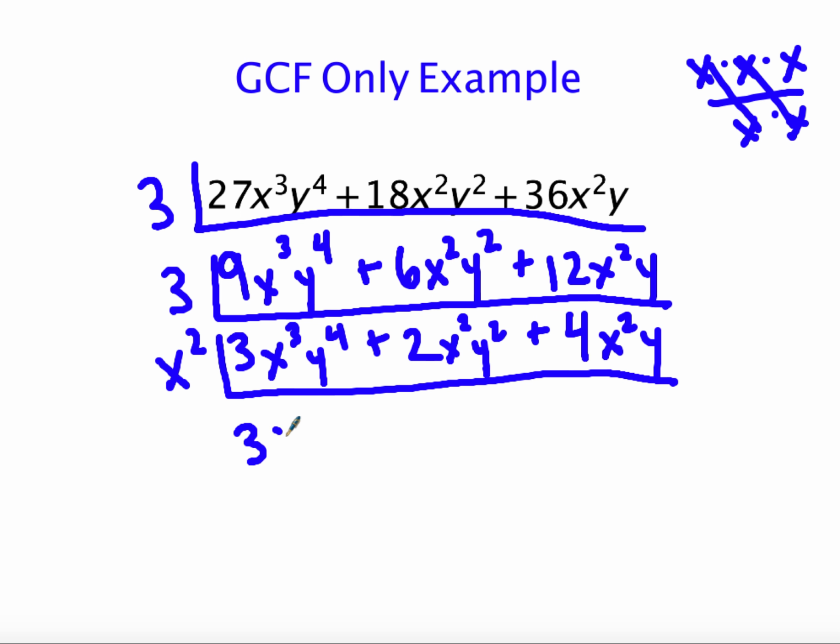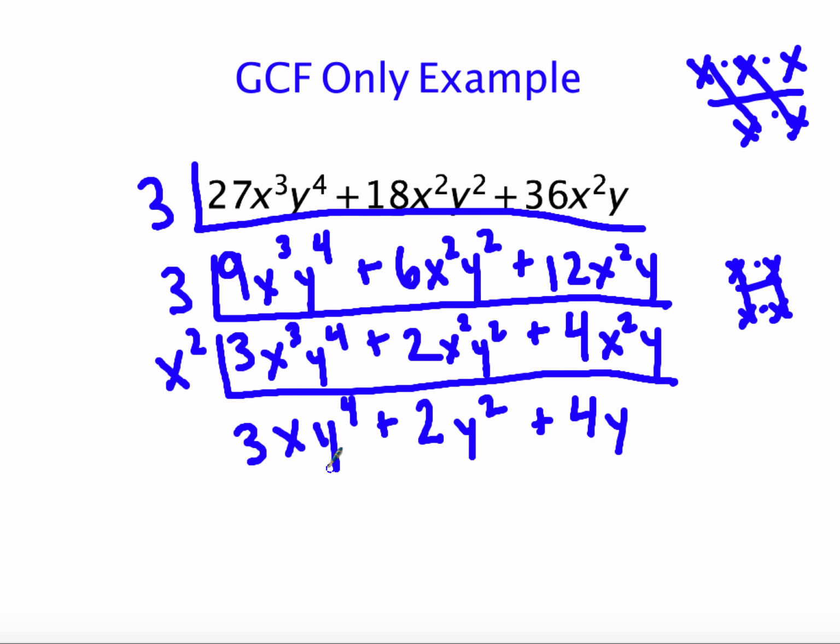I hope that you are comfortable with that division at this point. So x to the third divided by x squared gives me x, and I still have 3 in the y to the fourth factors. 2x squared y squared divided by x squared just leaves me with 2y squared, because x squared divided by x squared is just 1. Same thing here, 4x squared y divided by x squared is 4y.